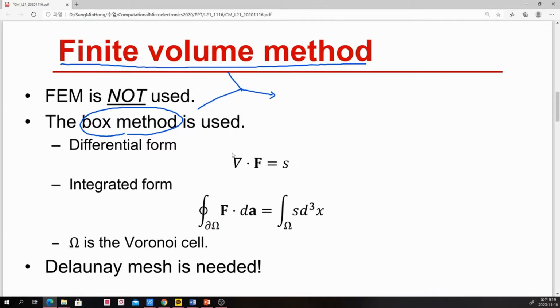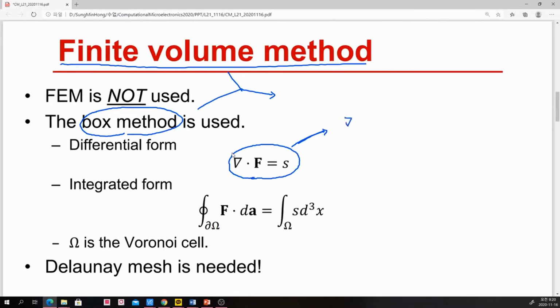Here we have a certain equation written in differential form, which is quite a general form valid for the Poisson equation and the continuity equation.